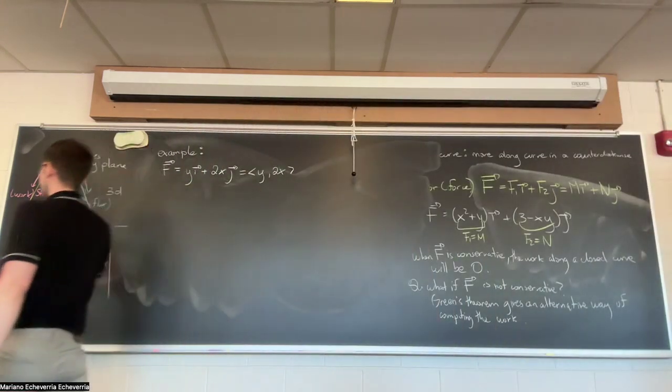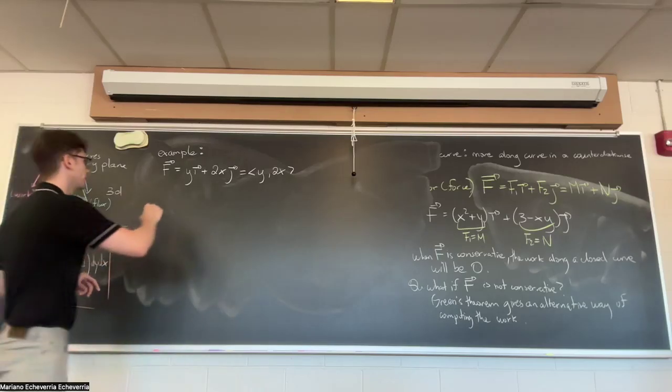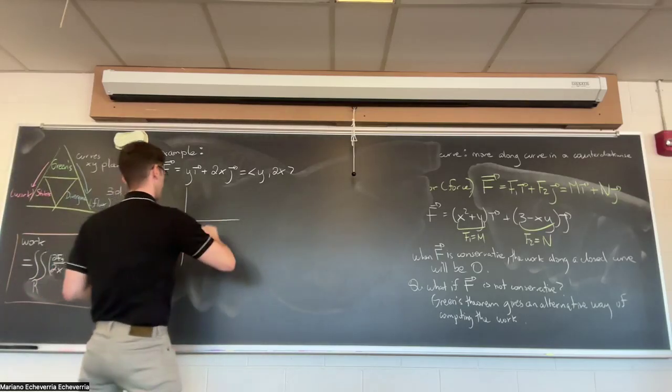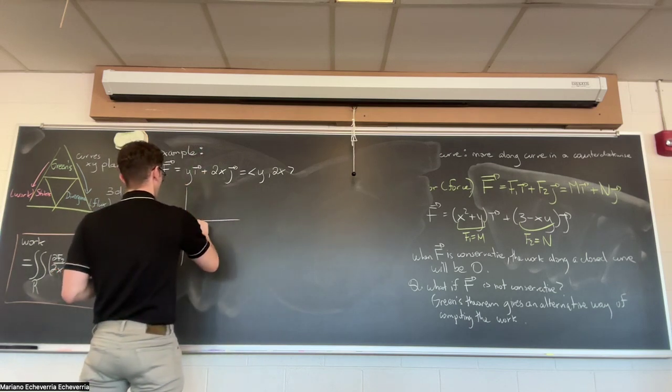So let's say you wanted to find the work done by this force along a particular curve. The curve that I'm going to take is going to be, let's just take the triangle.